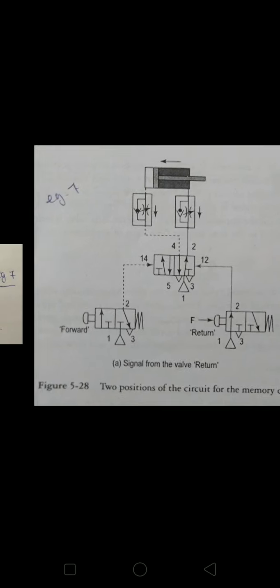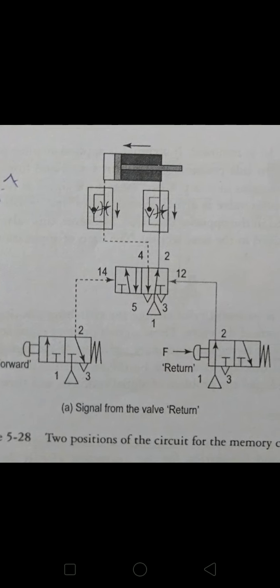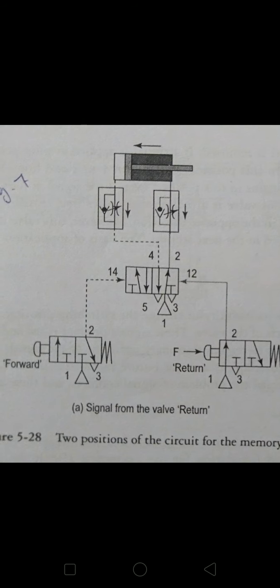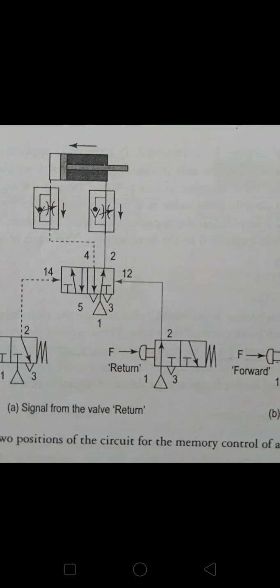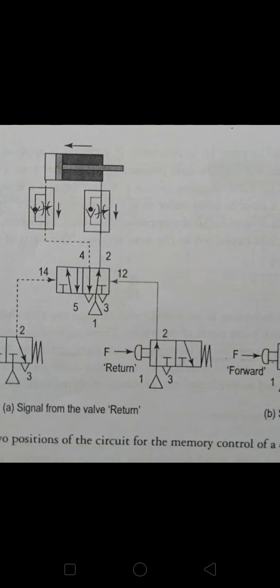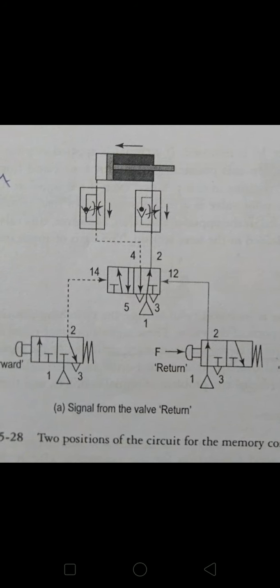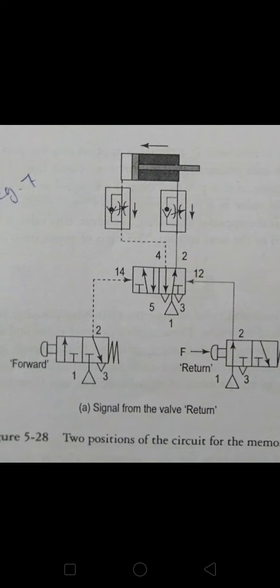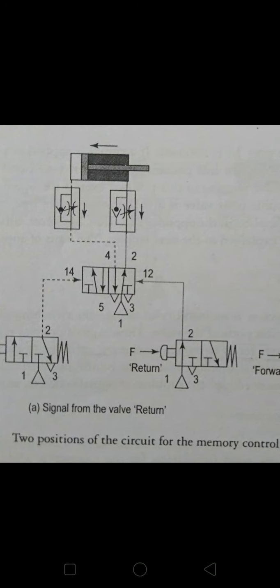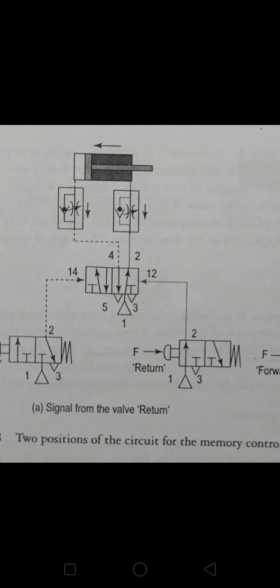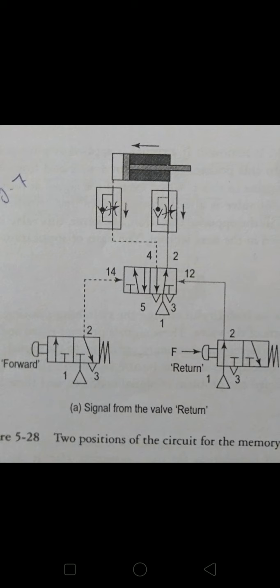So this is the arrangement. Now you can see here, a 3x2 valve for forward, and the other 3x2 valve for return. There are two controls you have, for a forward motion and for a return motion, and both are connected to the 5x2 DC valve.